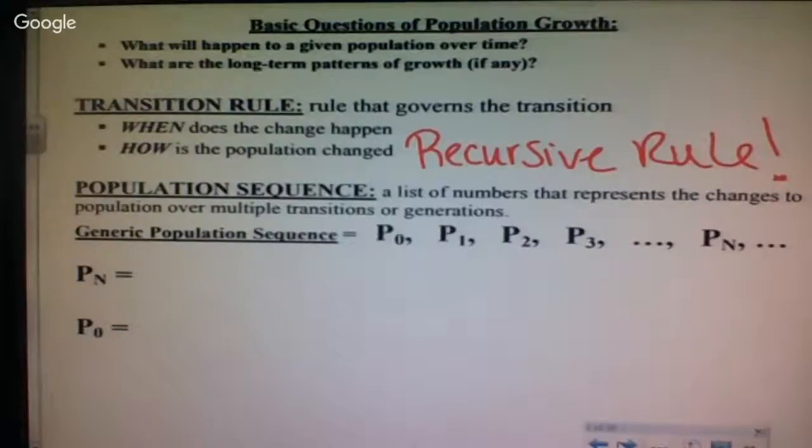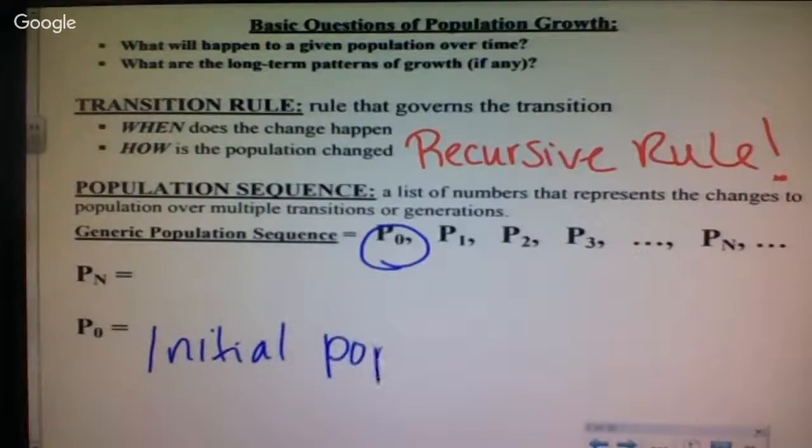So now instead of calling it an arithmetic sequence, we're going to call it a population sequence. Okay, so P sub 0 is going to be your initial population. So the first number is your initial population.